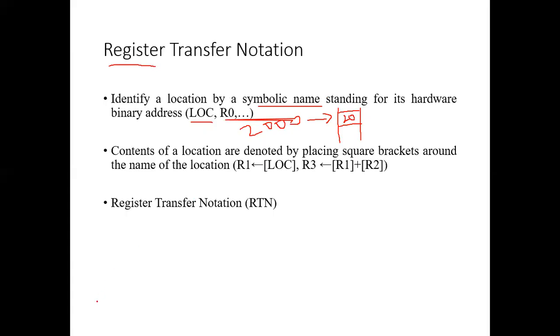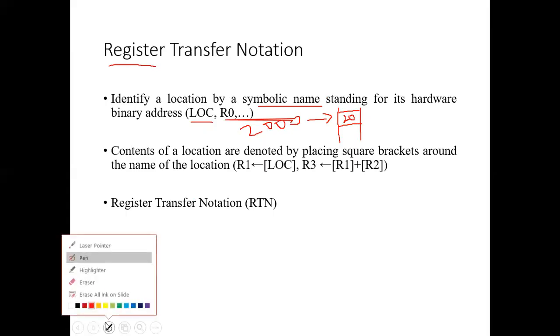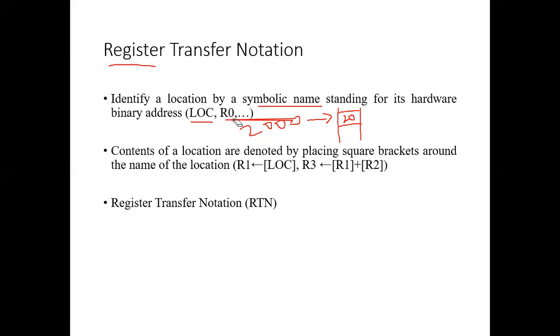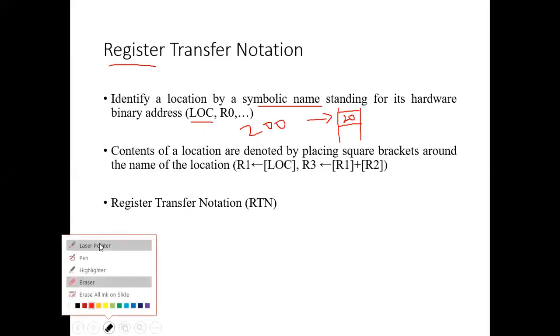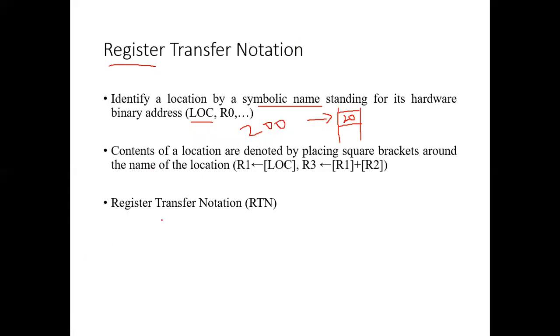So the point is, whenever any symbolic name is used, that symbolic name actually refers to the value in that particular location. It is not the address that the symbolic name contains, it is the value in that location.